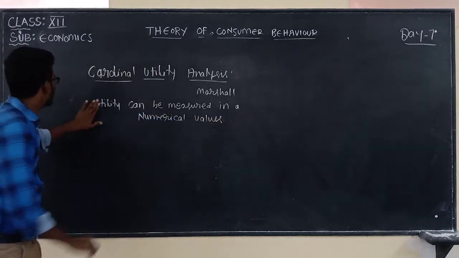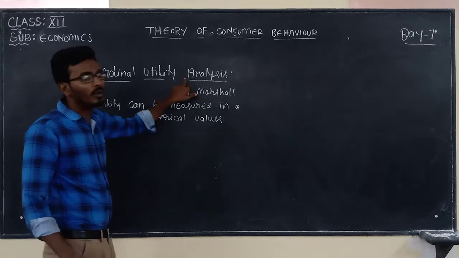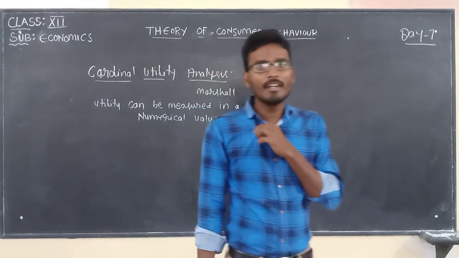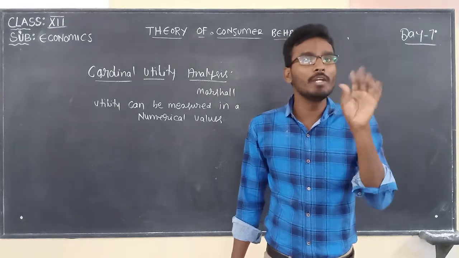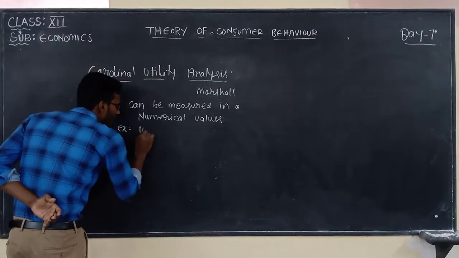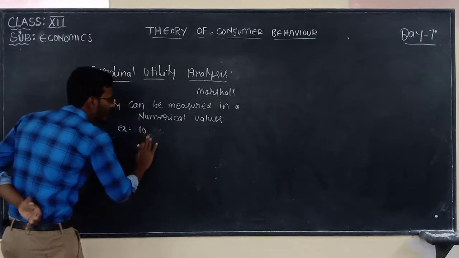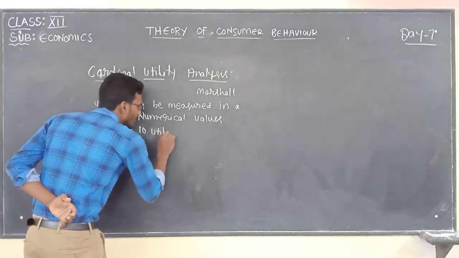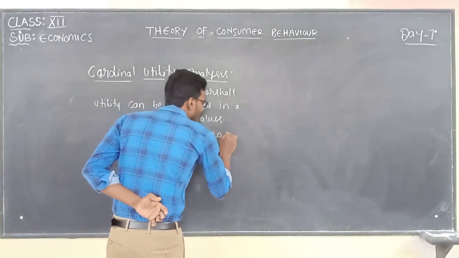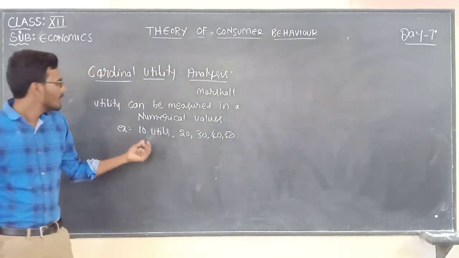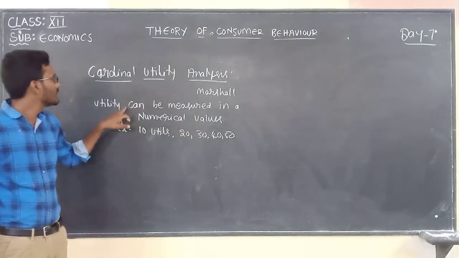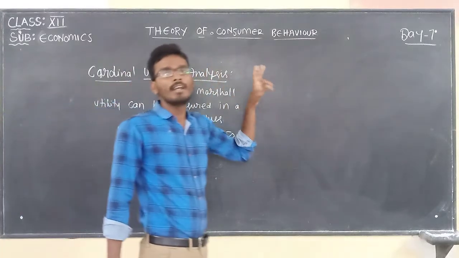Example, the utility of this shirt will be 50 utils. So we can say, for example, 10 utils, 20 utils, 30 utils, 40 utils and 50 utils. So the utility of each product we are measuring through numerical values, that is known as cardinal utility analysis.